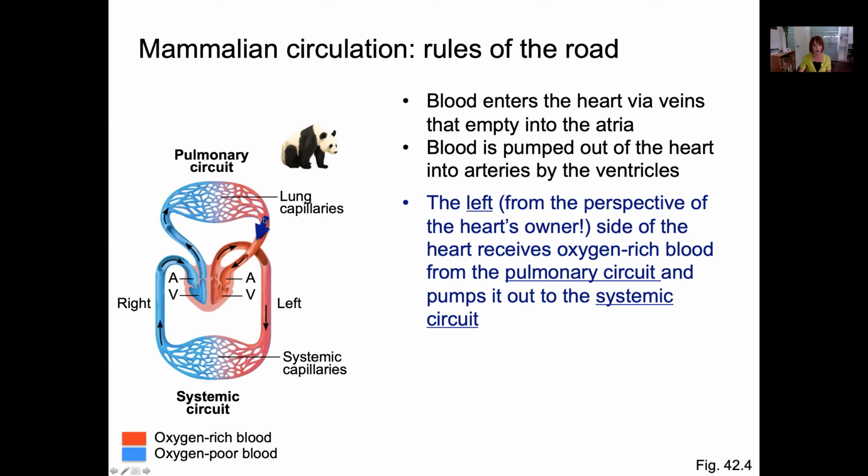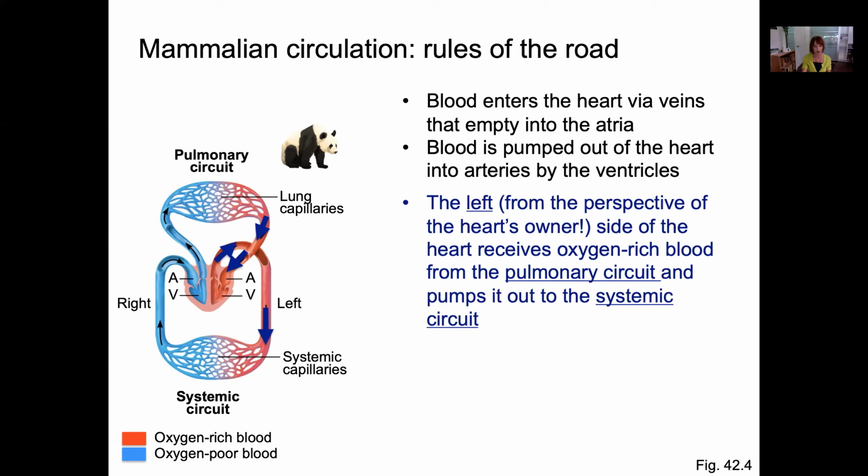We get blood being brought to the heart from the lungs, oxygenated blood. Okay, we're tracking its progress. It's going into the left atrium, and then it's going to get pumped out of the left ventricle out to the systemic circuit.